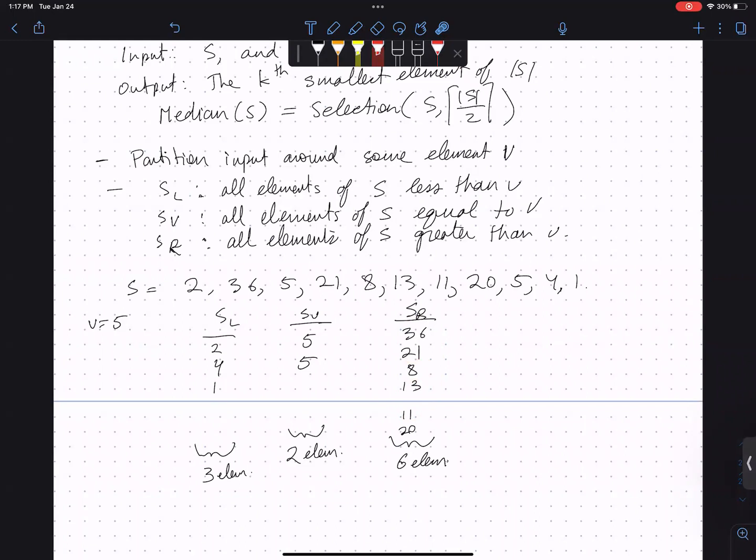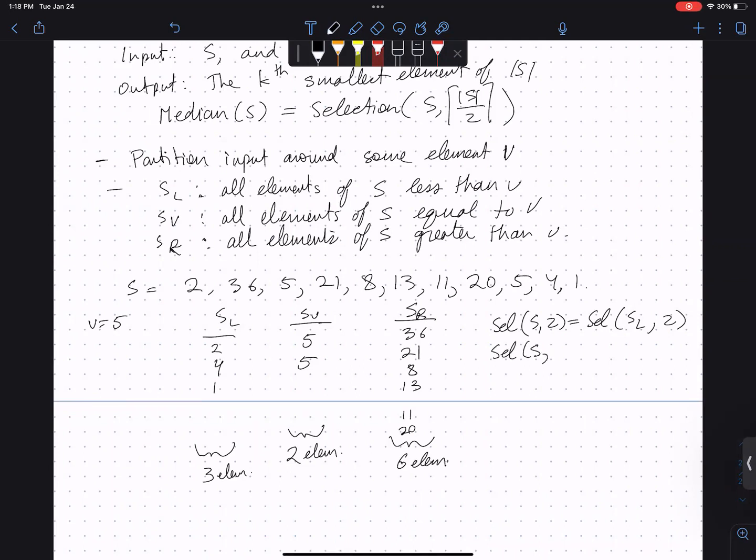This is part of the divide step. So if k equals 2, I can make a recursive call to select. Select S2 is equal to select SL2, because 2 is less than the 3 elements we have in SL.